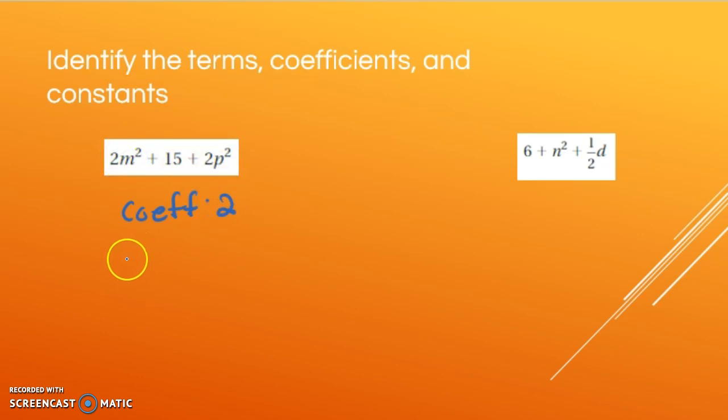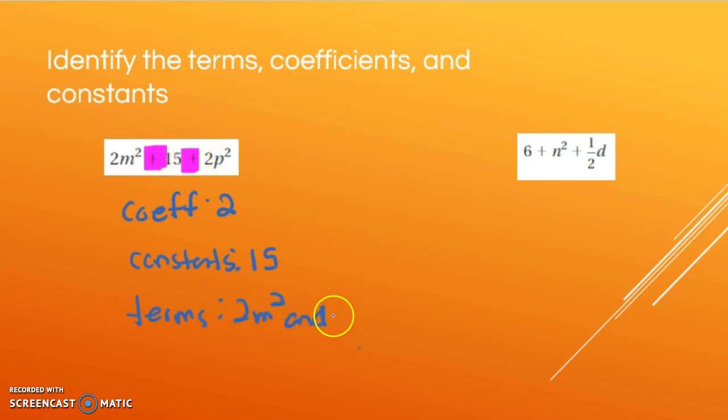Constants here are going to be 15 because that's the number that's on its own. And then my terms, again, they are separated by a plus sign. I have 3 of them. I have 2m squared and 15 and 2p squared.